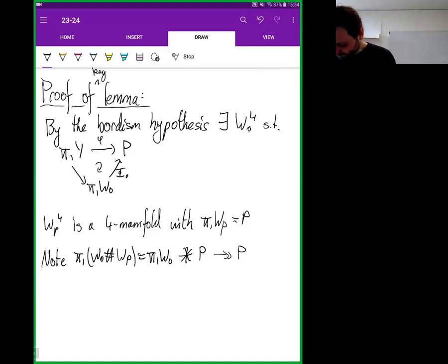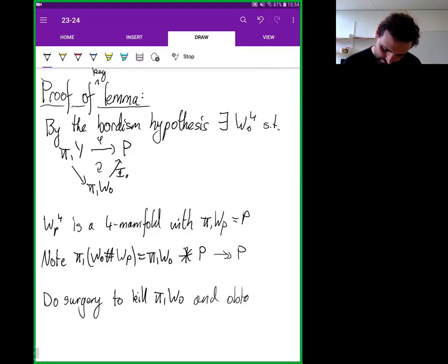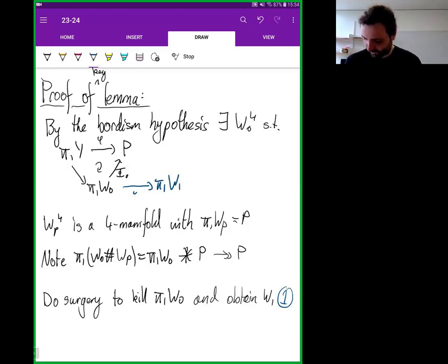Okay, so we can do surgery to kill pi 1 of W0 and obtain some manifold W1. So this is going to give us the next portion of the diagram. We get pi 1 of W1, this has a map here.